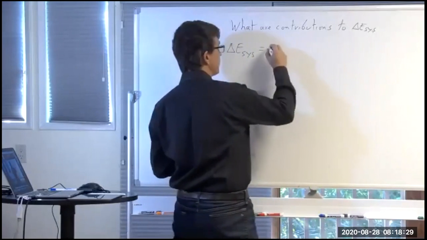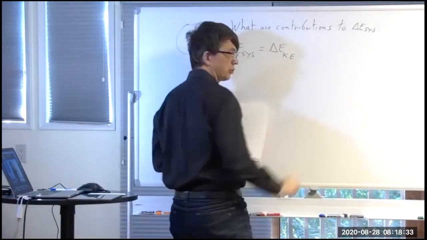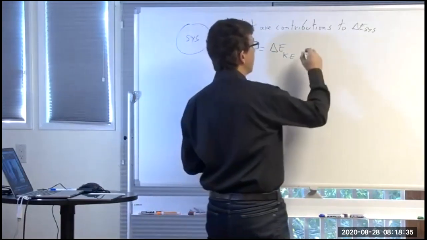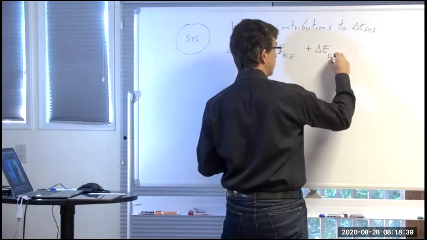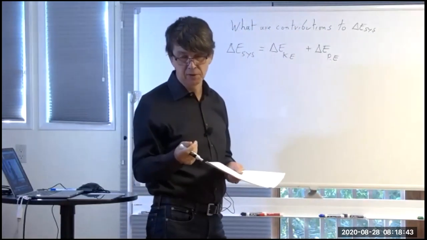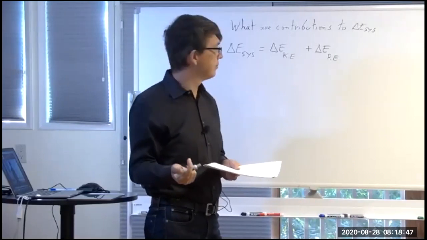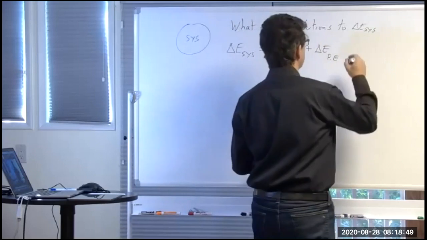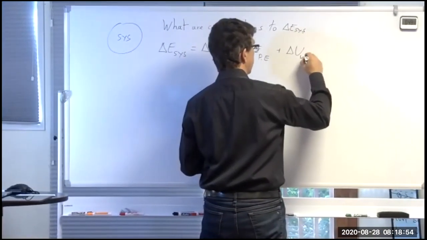You could increase the kinetic energy of a system, you just change its velocity. You could move it in some field, so that would be changing its potential energy. That could be a gravitational field if you have mass, an electric field if you have charge, or other things. And then the third one is the internal energy.